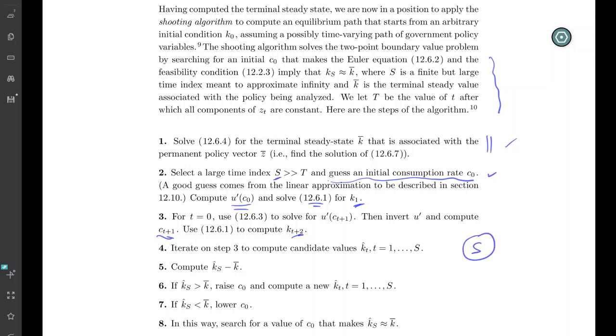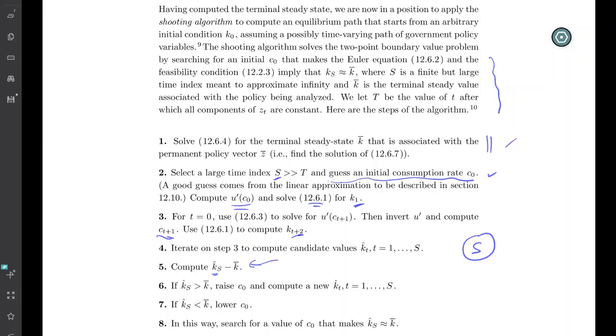And now we're going to check to see whether the capital that we got from doing this is actually equal to the target that we're shooting for, K bar, the steady state. If it is, we're going to quit. We're done. We made a great guess.